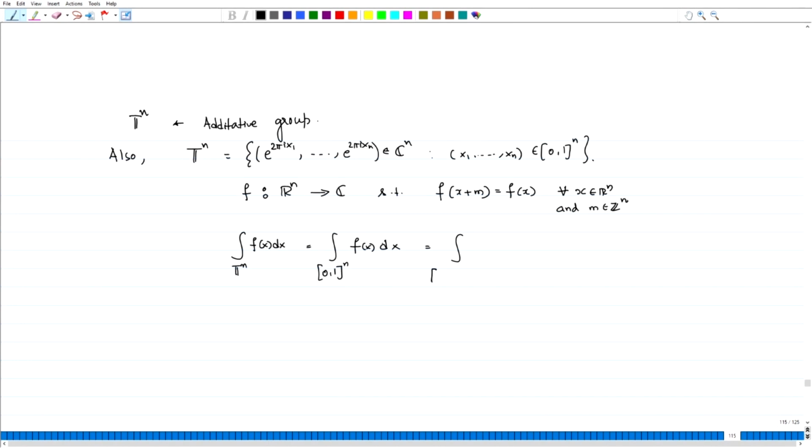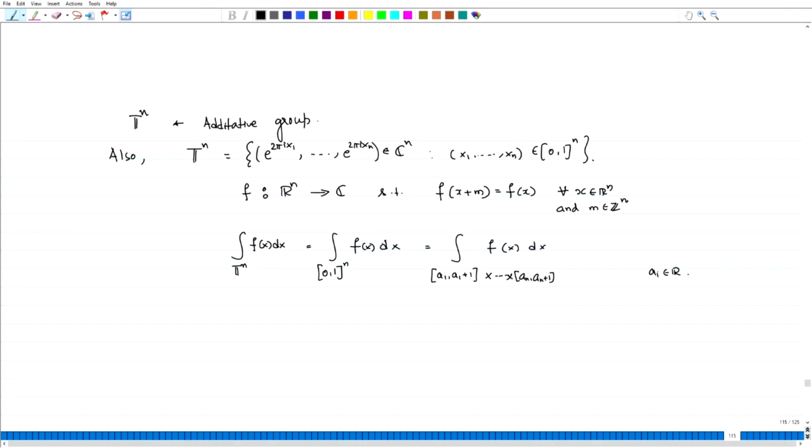That means it is the integral over [a_1, a_1+1] cross ... cross [a_n, a_n+1] of f(x) dx for all a_i in R. Exactly this is the periodicity.